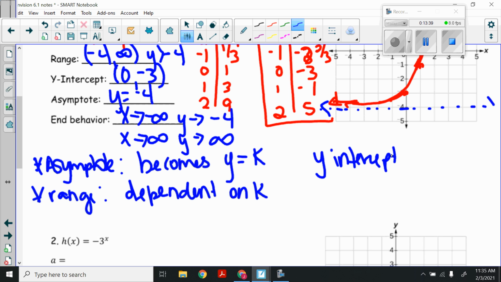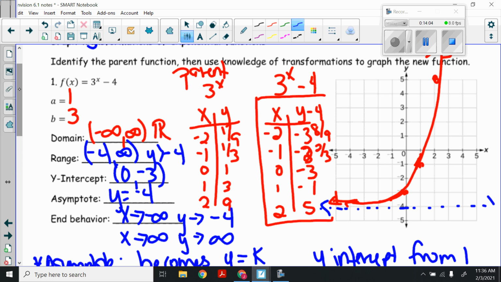Let's look at our y-intercept now, because our y-intercept also changed. So before, we were looking at a y-intercept of 0, 1, and then we had a y-intercept of 0, 5. So now let's talk about what our y-intercept went to. Our y-intercept went from 1 to 1 plus k. Again, that's because I did not have an a value out front.